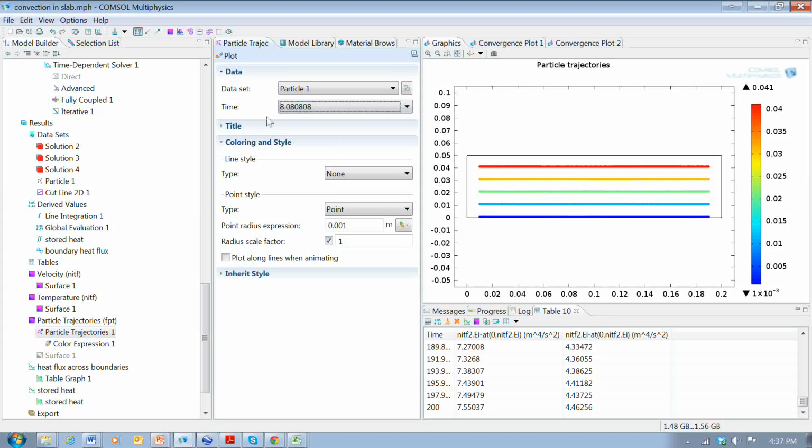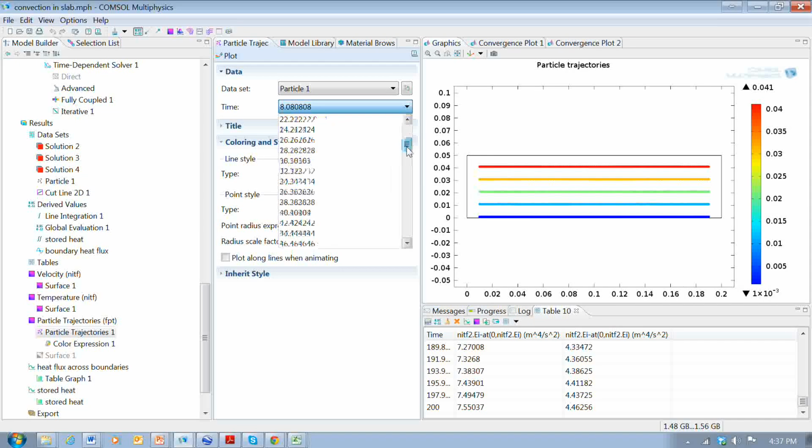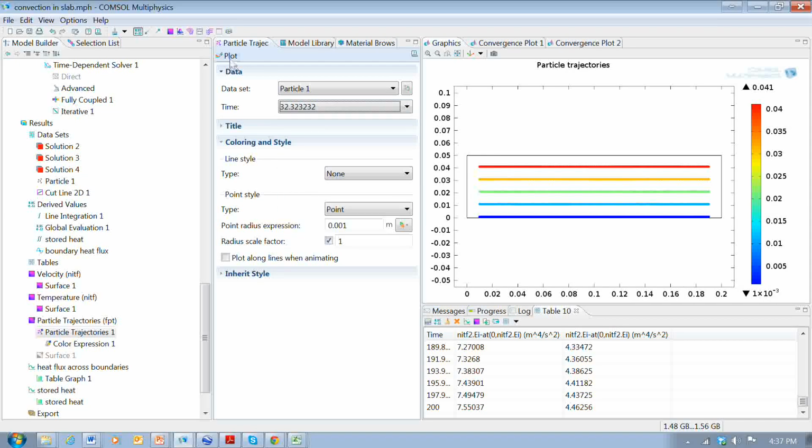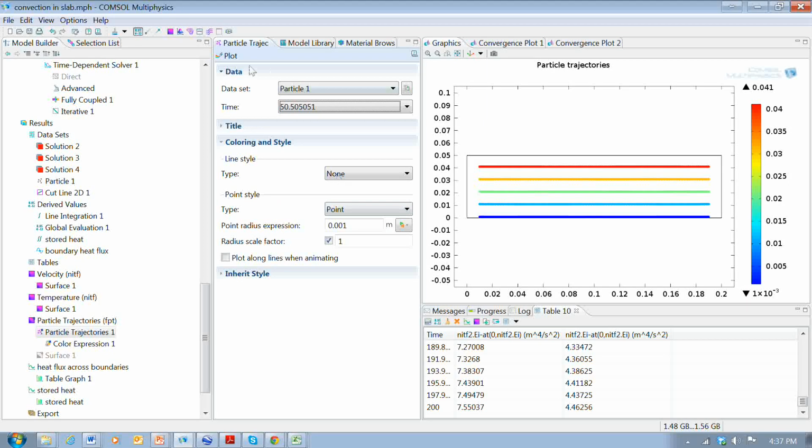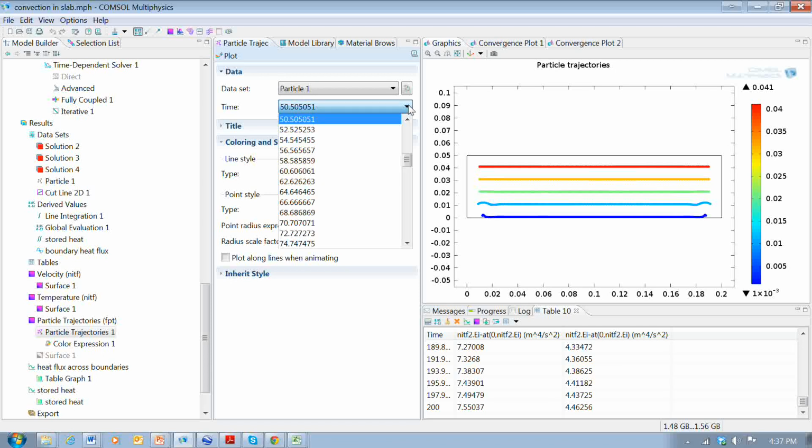If we advance in time, you can see, it was maybe 30 seconds, and not much is happening. I guess it was like 50 or 60 seconds before we started to have those crossovers. So there at 50 seconds we see a little bit of convection right on the edge. That's consistent with what we saw previously.